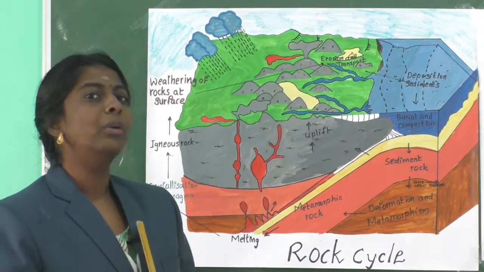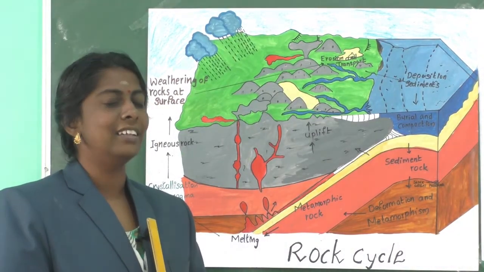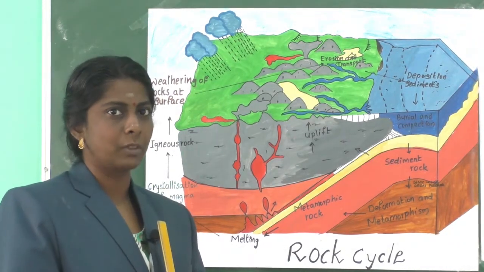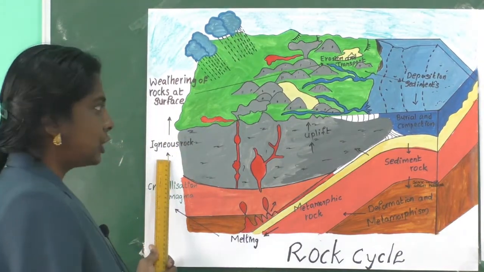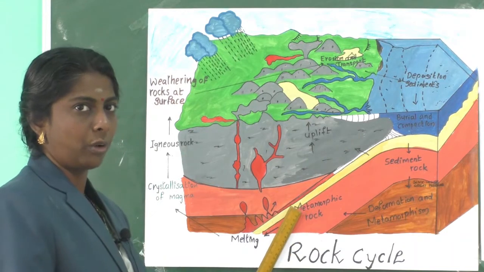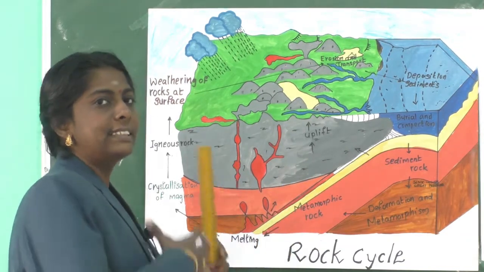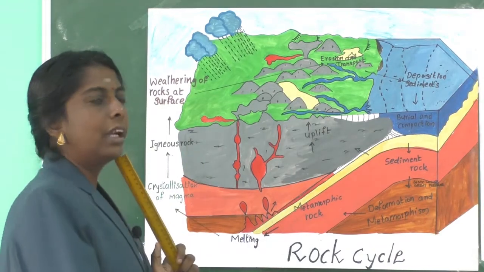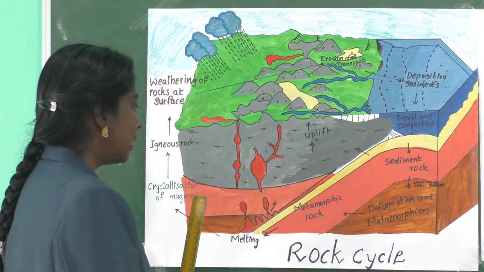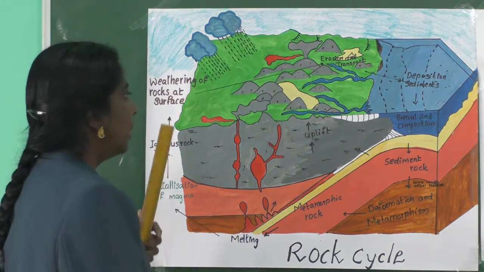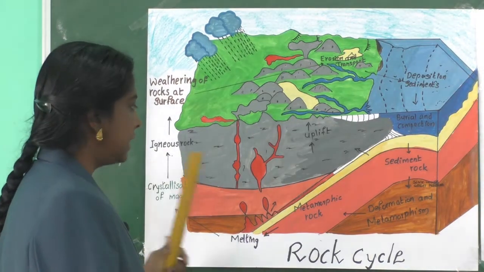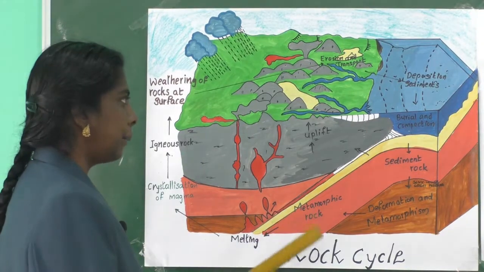Now let us learn about rock cycle. Clear? So as I said, there are three different types of rocks. What are they? Igneous rock, sedimentary rock and metamorphic rock. So how these rocks are made, how it is created, that we are going to learn. So first about metamorphic to igneous rock, there is a change, is it not? So what is happening here?